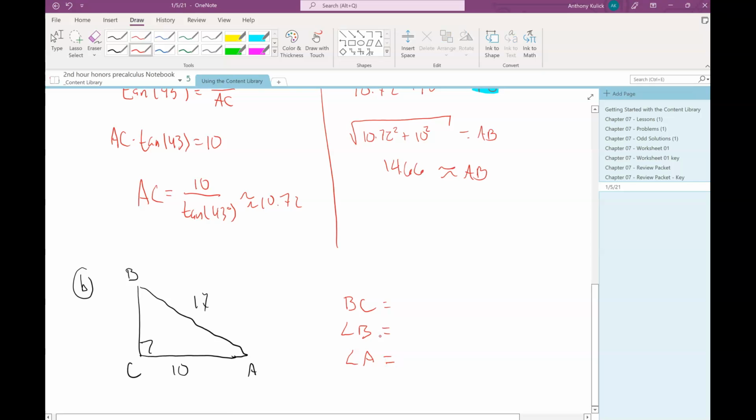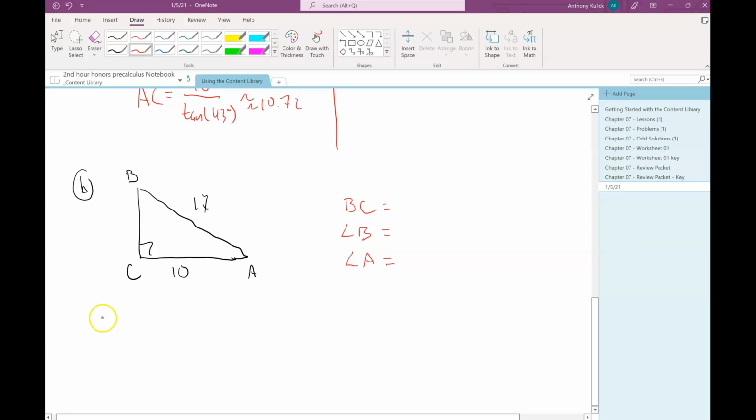Again, it doesn't matter which piece you want to solve for first, the side or the two angles, although I think that for one of them, it's pretty obvious what to do right away. Which one appears to be the easiest to solve for right away? BC. What would you do?